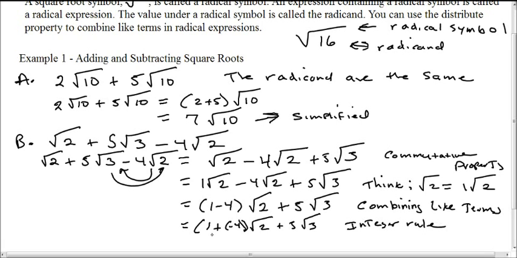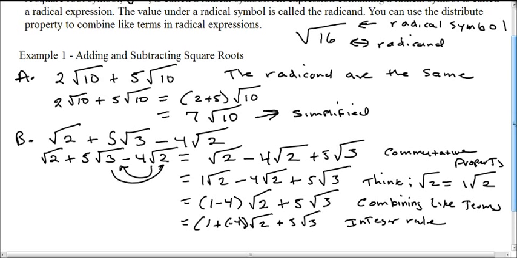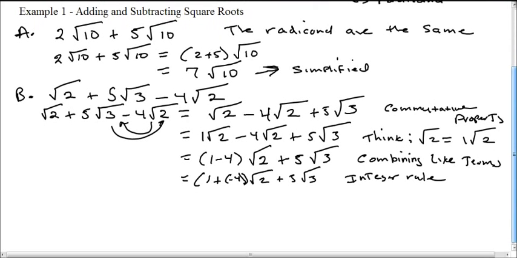According to the integer rule, when we have terms with different signs, we simply subtract the smallest absolute value from the largest absolute value, and that gives us 3, and we use the sign of the largest absolute value. So that's negative 3 square root of 2 plus 5 square root of 3.